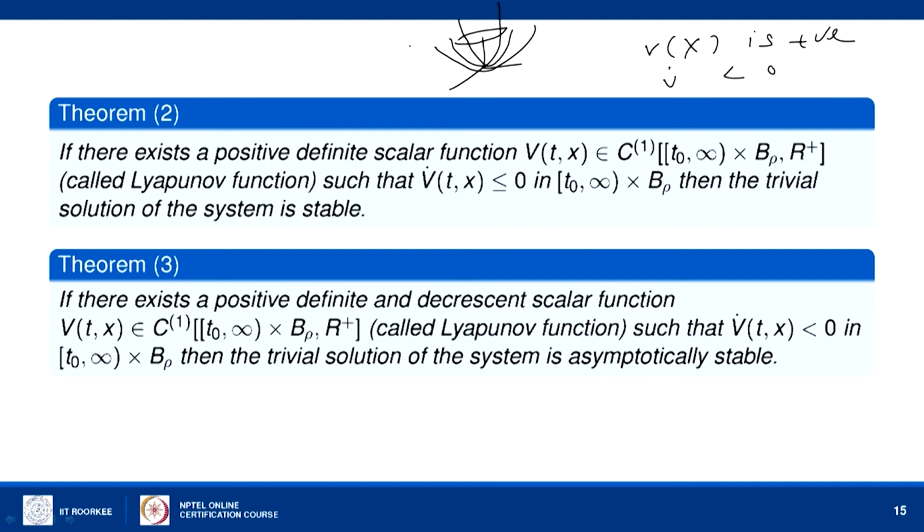Therefore, it is positive definite as well as decrescent in the time invariant case. But in the time variant case, we have seen an example, it may be positive definite, but it may not be decrescent. So, we need these two conditions to be specified for the asymptotic stability of the system, and the proof of the same without t also holds good here.